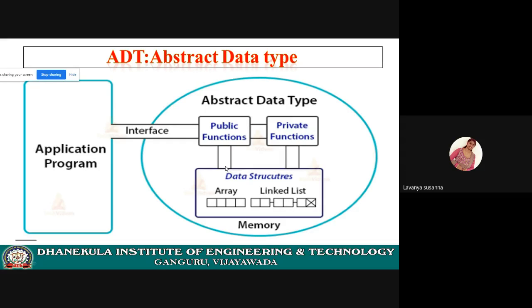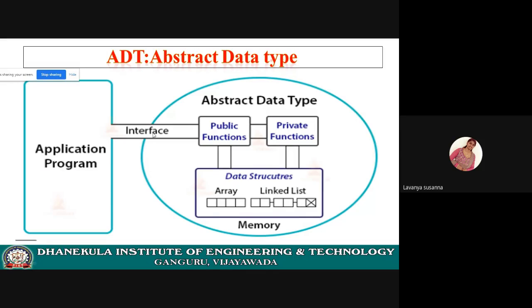Public functions can access the data and the private functions. Private functions also can access the data, but your program cannot access private functions and data directly.